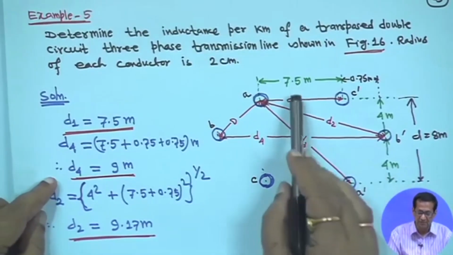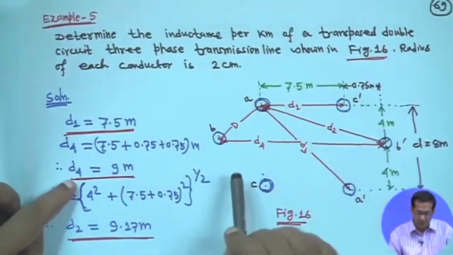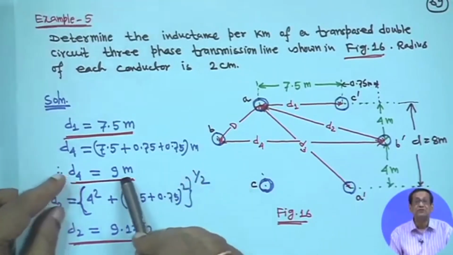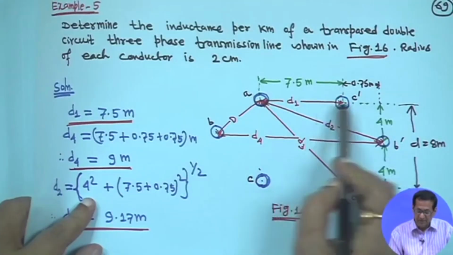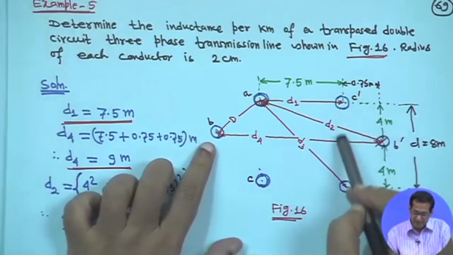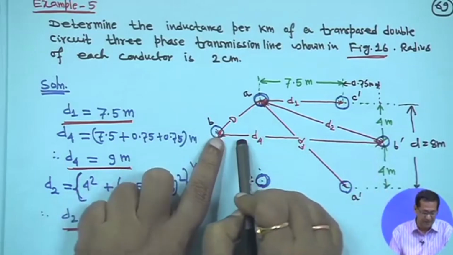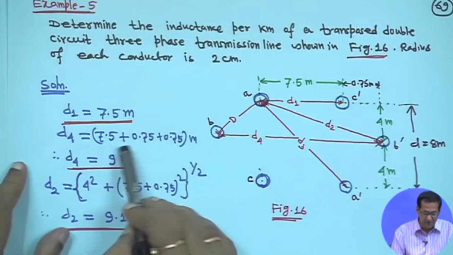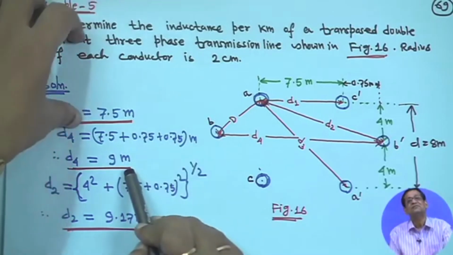So, D1 is equal to 7.5, already given. Then D4 will be 9 meter: this is 7.5, this portion is 0.75 and this side is also 0.75. So, D4 is equal to 7.5 plus 0.75 plus 0.75, which is 9 meter.